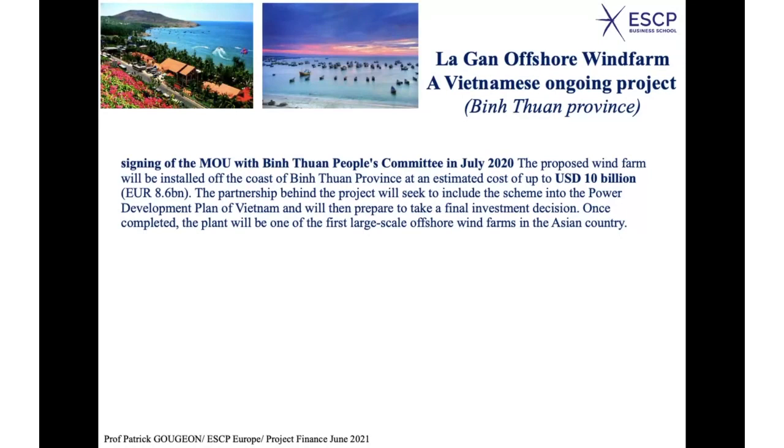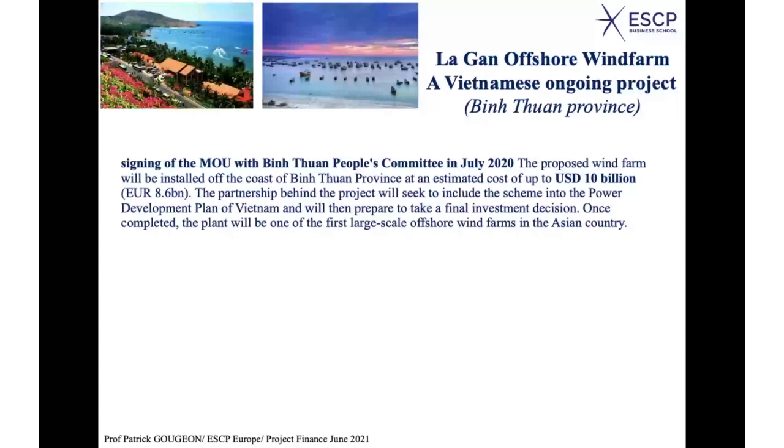So the proposed wind farm will be installed off the coast of Binh Thuan province for a cost which is about $10 billion US, or in euros, 8.6 billion euros. Well, the idea is the partnership behind the project will seek to include the scheme into the power development plan of Vietnam.